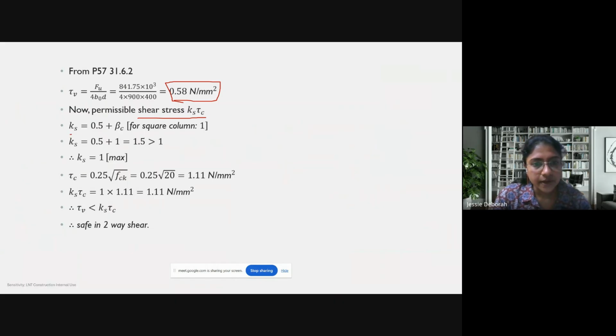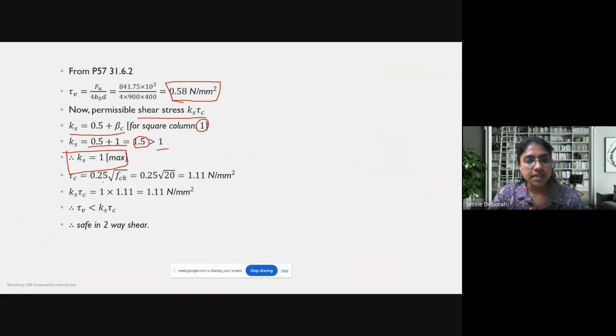So Ks is equal to 0.5 plus beta c; for a square column beta c is 1, so Ks is equal to 0.5 plus 1, which is 1.5, but this has to be equal to 1 only. So we are considering the Ks value as 1 as per code.